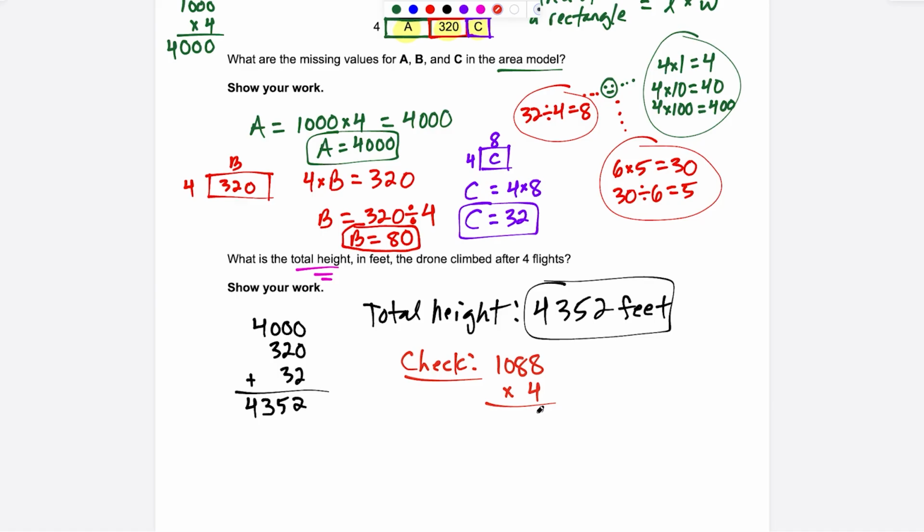So 4 times 8 gives us 32 and we carry the 3 here. Then 4 times 8 is 32. 32 plus 3 is 35. We carry the 3. And then we do 4 times 0 is 0. And 0 plus 3 is 3. And then finally 4 times 1 is 4. And notice we get the exact same answer. So the total height is 4,352 feet.